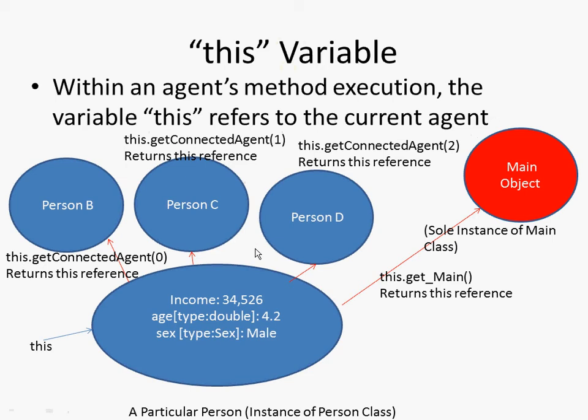Does AnyLogic create person C with the same agent number each time? So if you're saying get connected agent 1. Oh, I see. Person C is agent 1 for that list. I've listed them in this particular diagram, assuming that this is the order.